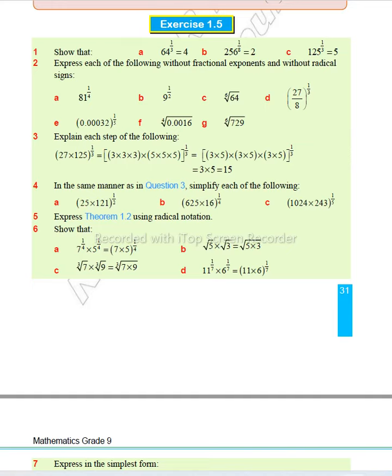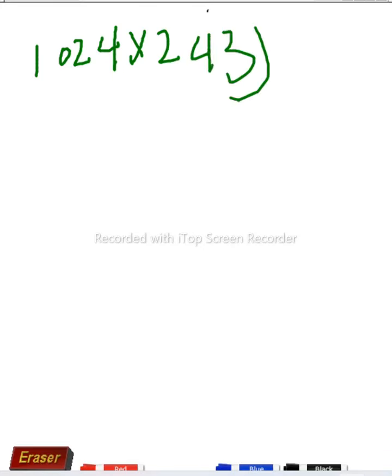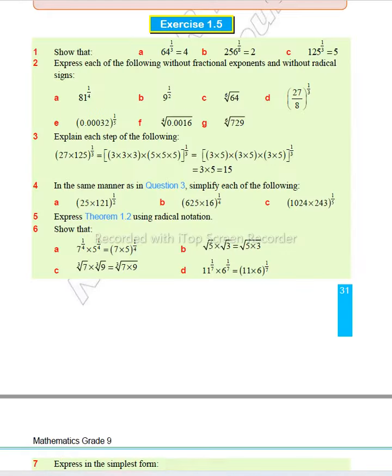We write the question first: 1024 times 243 the power of 1 over 5. Let us check. Yeah, correct.